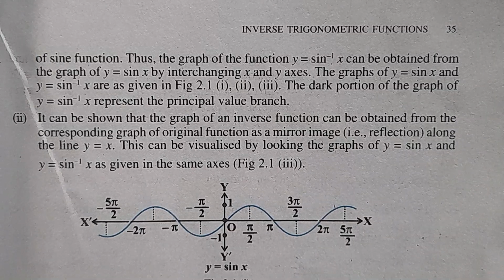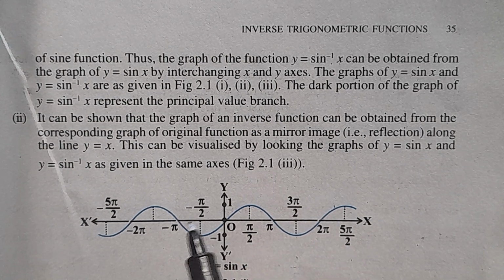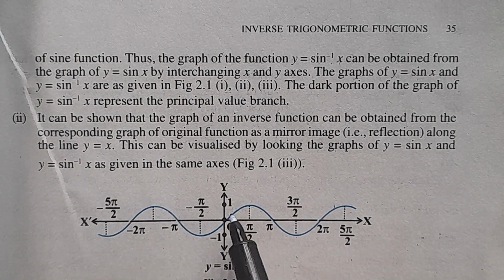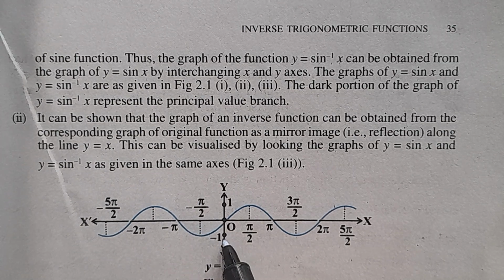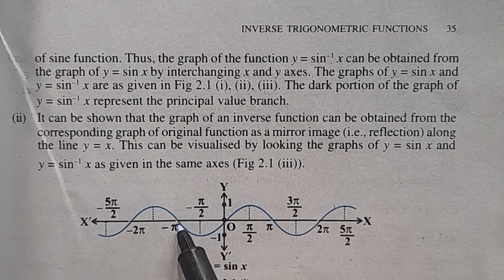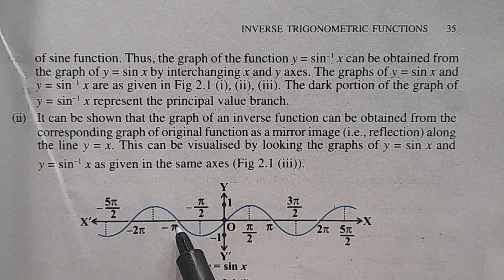So you should have knowledge about the graphs of functions. For example, this is the sine graph. The sine graph is this curve. At 90 degrees it is 1, and sine of minus 90 is -1. Sine 0 is 0, and sine of minus pi, which means sine of minus 180 degrees, is also 0.